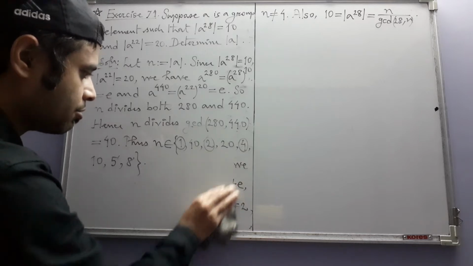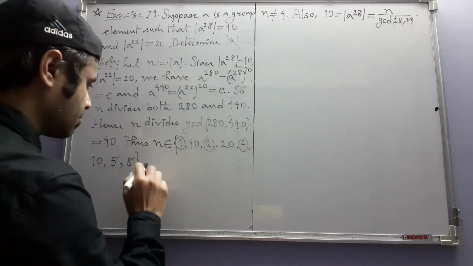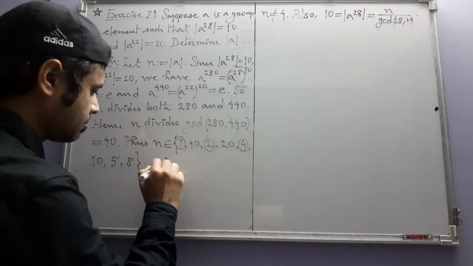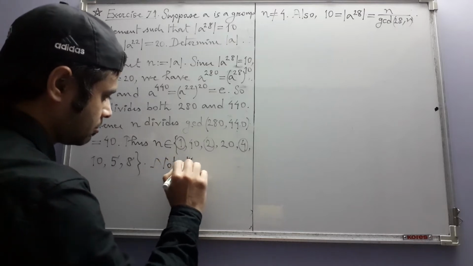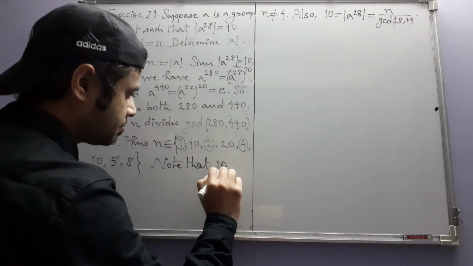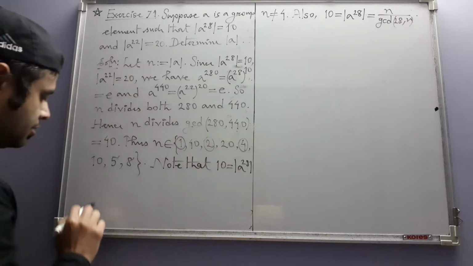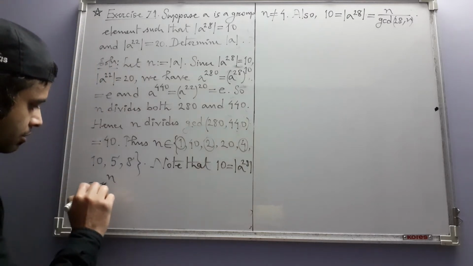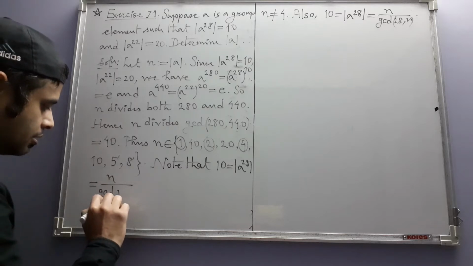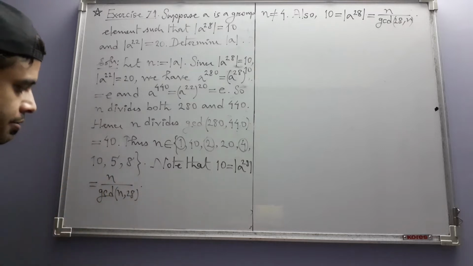At once we can rule out many of the things. Note that the order of a to the power 28 equal to n divided by GCD of n and 28.